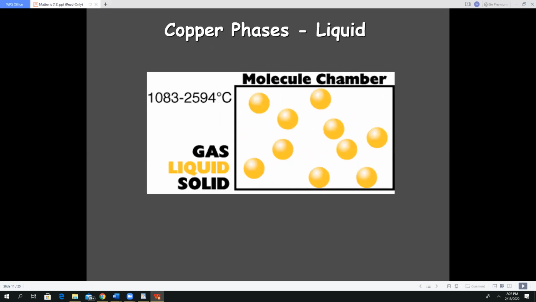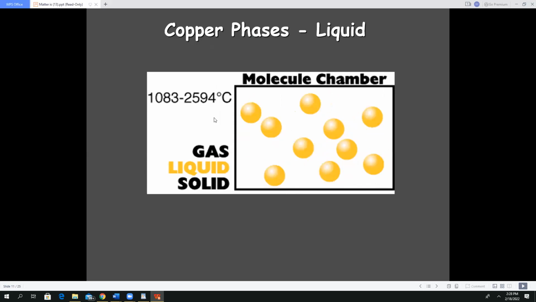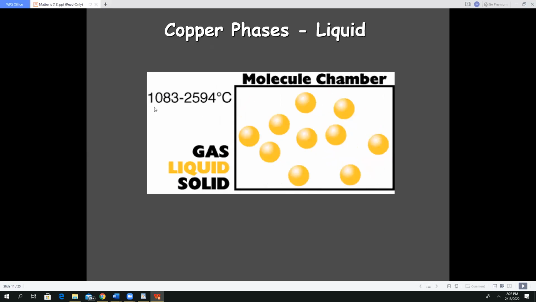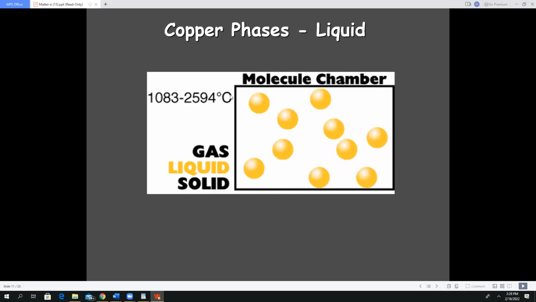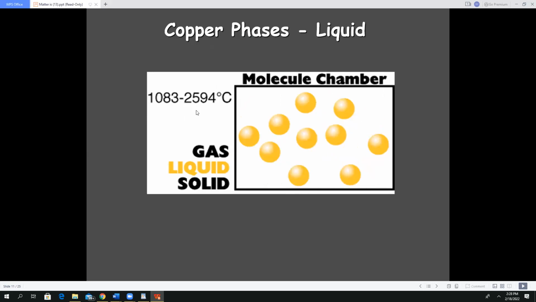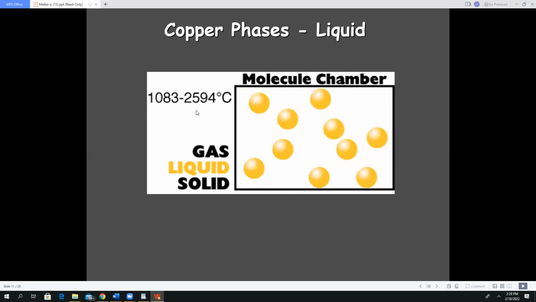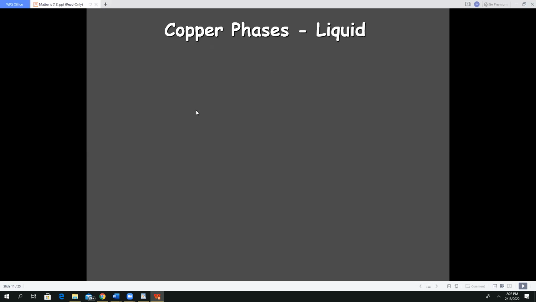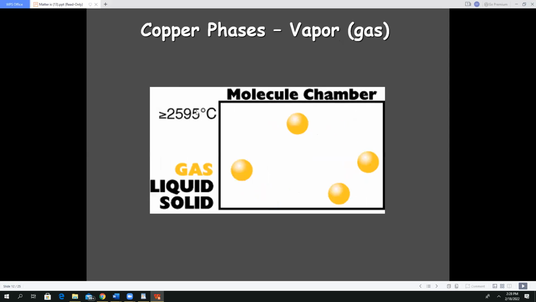So once you've melted copper, look at the temperature it takes, because remember, heat is exchange, into this amount of temperature. This is ridiculous. We're going to almost 2,600. It's still a liquid at that. And then you can make it into a gas. Yes, you can vaporize copper, but it takes an ungodly amount of heat, as you can see.